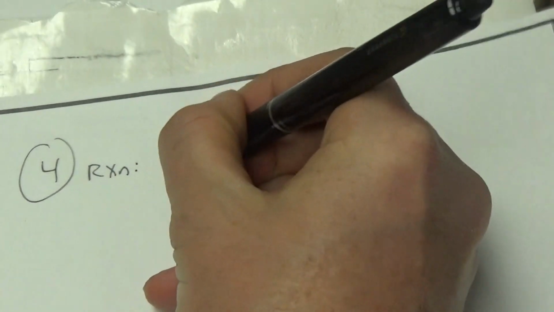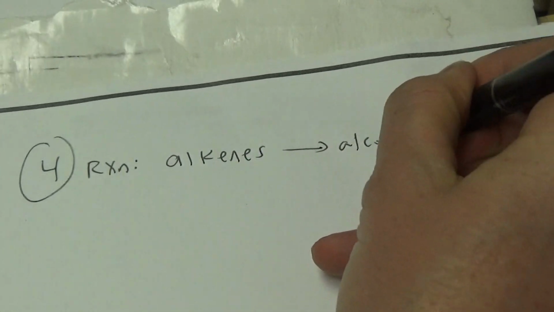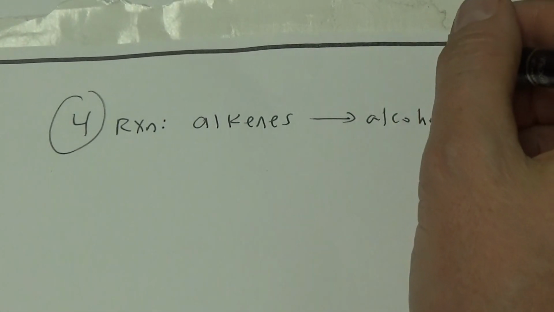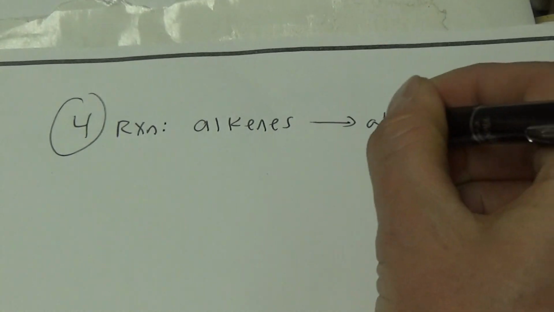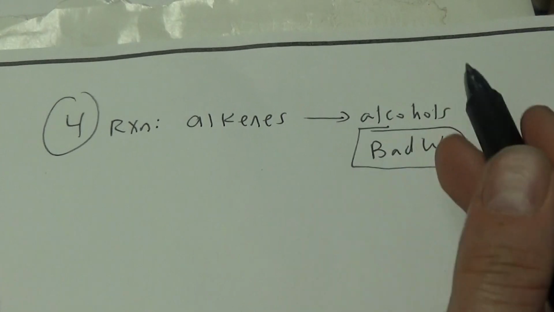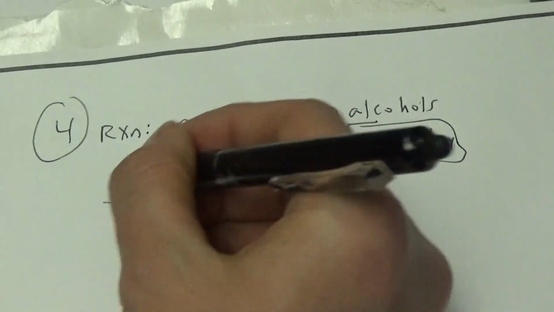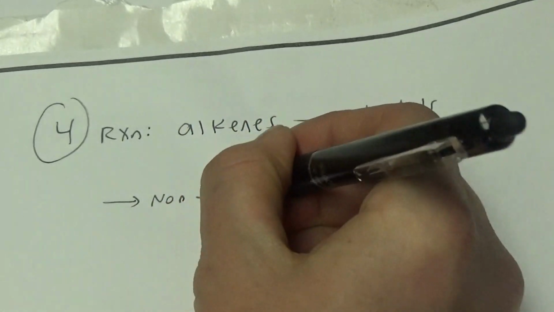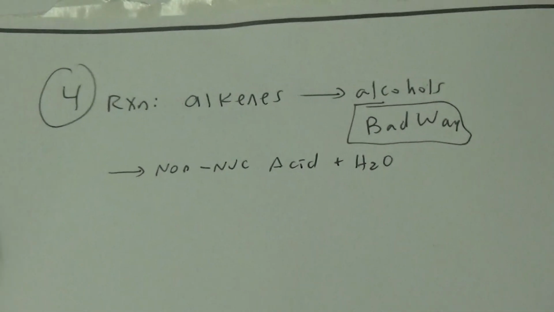Alright, so next reaction. We can convert alkenes to alcohols. There's going to be a couple ways to do this. This is going to be the bad way, and we'll show the good way in a little bit. So we introduce the bad way, and then we'll show the really good ways. This bad way would be using a non-nucleophilic acid and water.